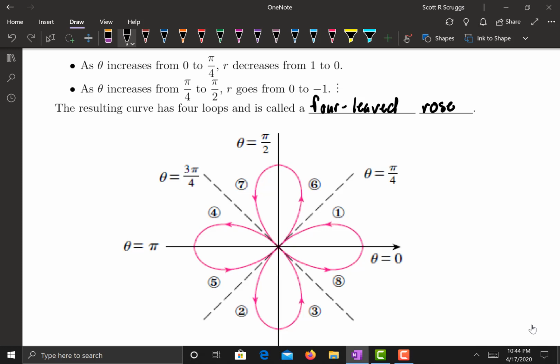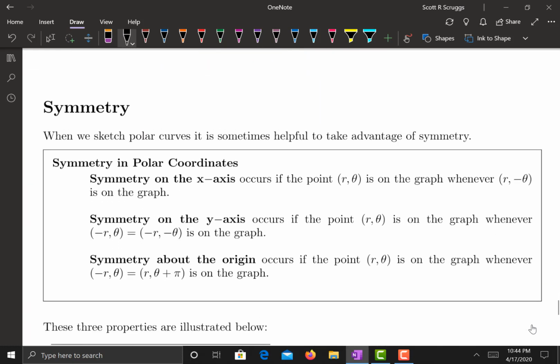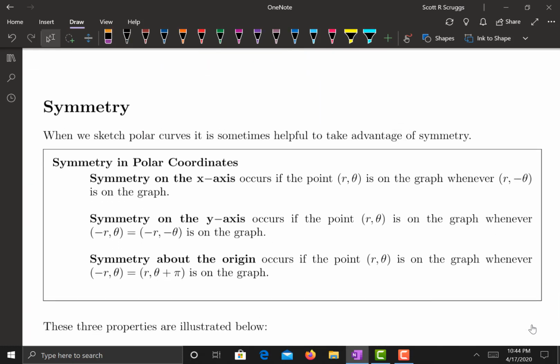And now the last thing I want to mention for polar curves and polar coordinates is symmetry. And so let's talk about that. So the first thing I want y'all to note is symmetry about the x-axis, or the horizontal axis.